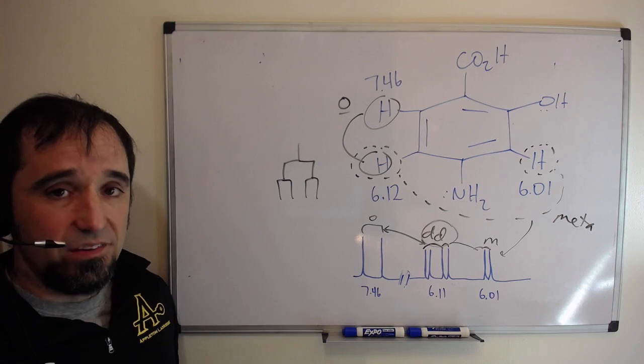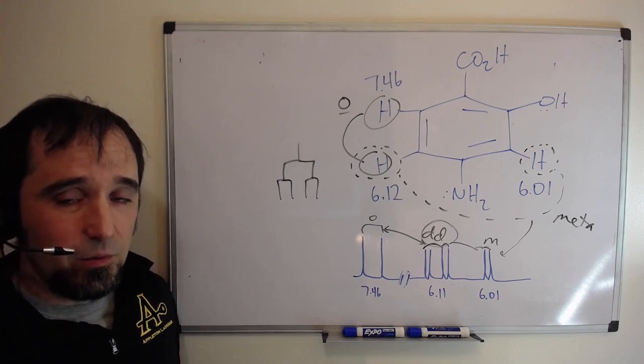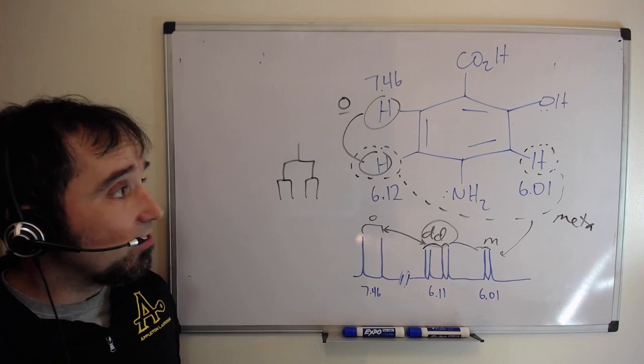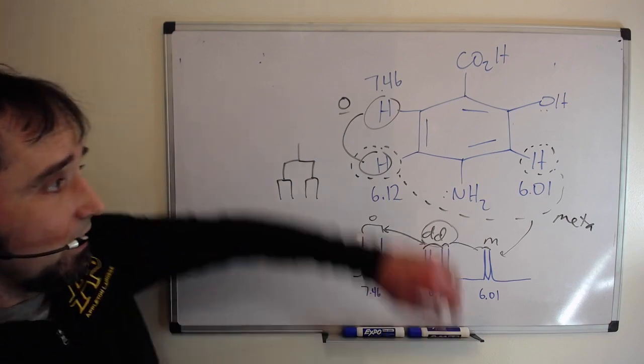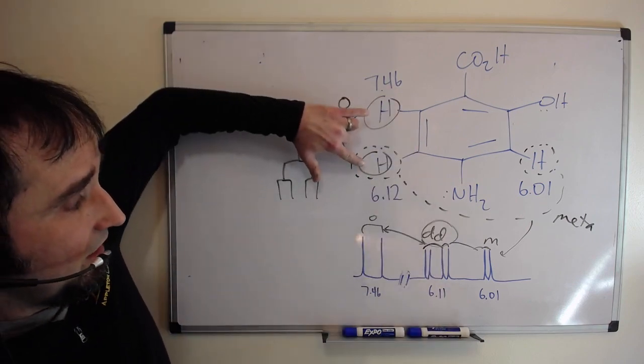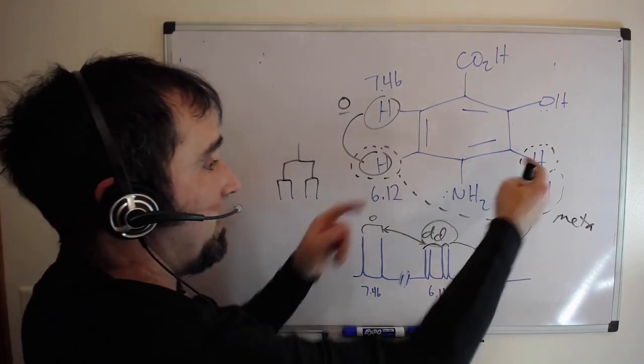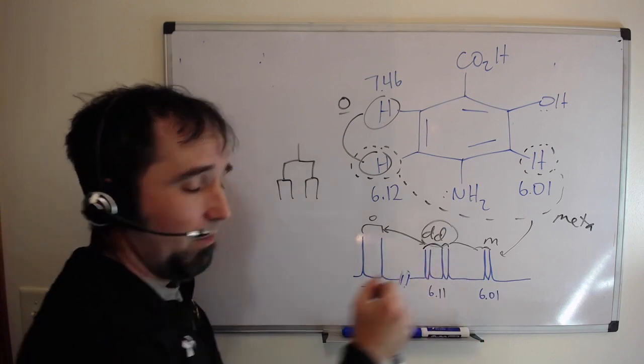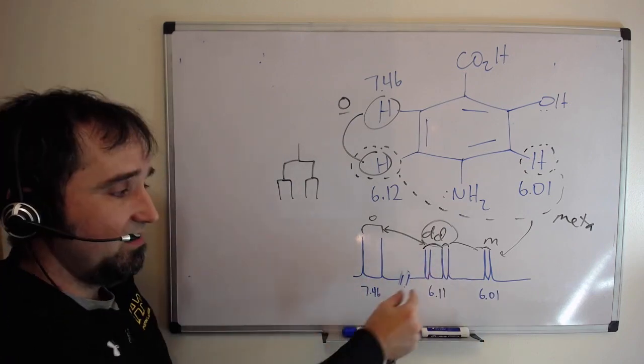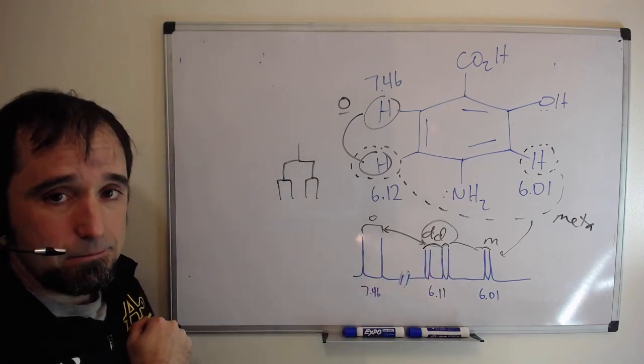Okay, so this is a common thing that we see in aromatic rings, where we see ortho coupling, right? Neighboring protons coupled pretty strongly to each other, but protons that are meta to each other couple much more weakly. And sometimes we see these doublets of doublets.